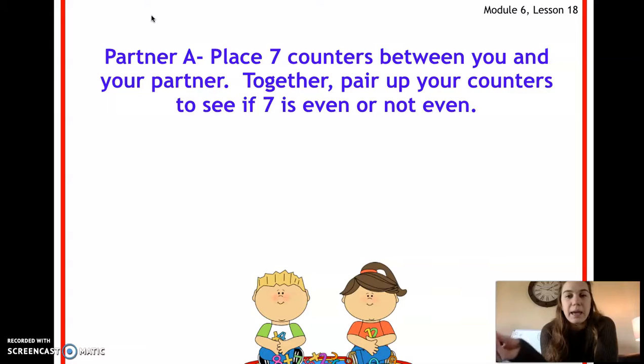Now they want you to pair up the counters to see if they're even or not even. So you're going to have your 7 circles and you want to group them into groups of 2. So put them in pairs to figure out if it's even or not even. So if you're figuring this out, I want you to pause it and come back when you're ready. I'm going to tell you the answer.